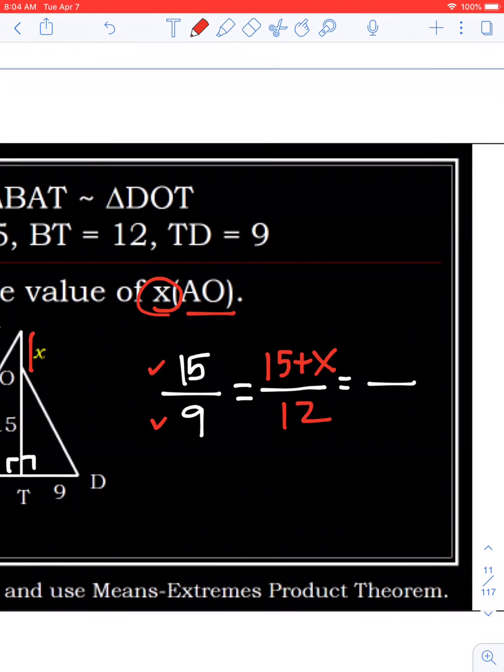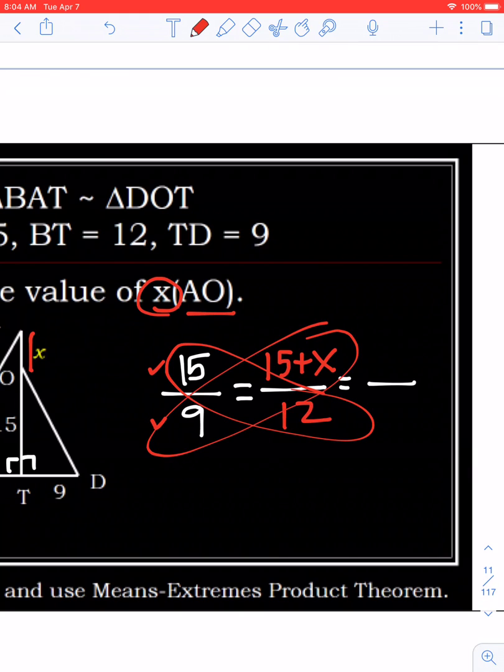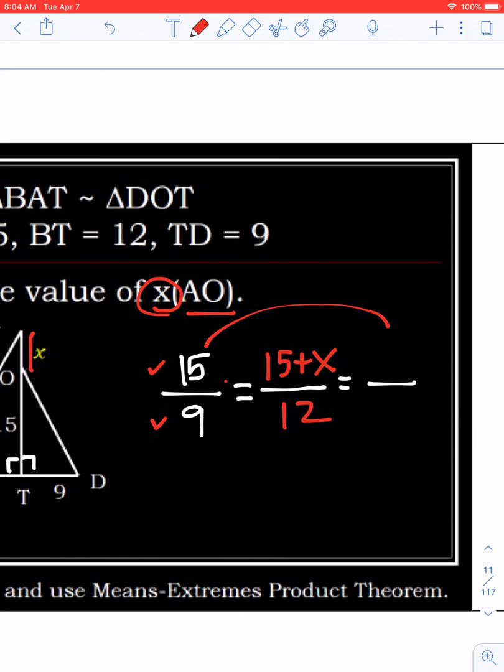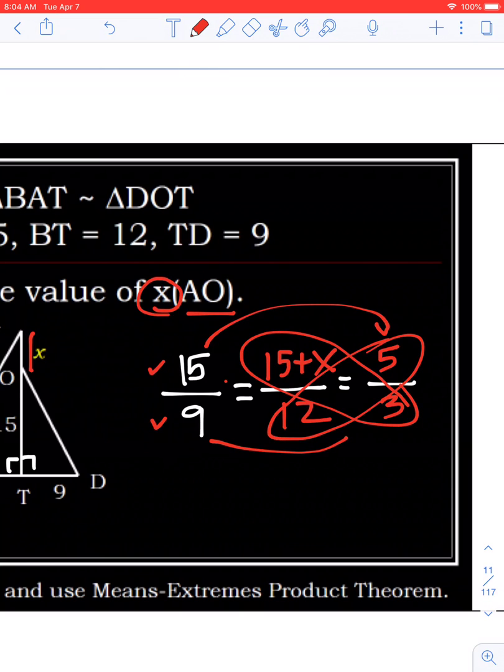You could solve that proportion there, multiply your extremes and means. But before you do that, if you happen to notice, the 15 and the 9 both reduce to 5/3. Now, if I do the extremes and means, the numbers are smaller, my chances of making mistakes are less.